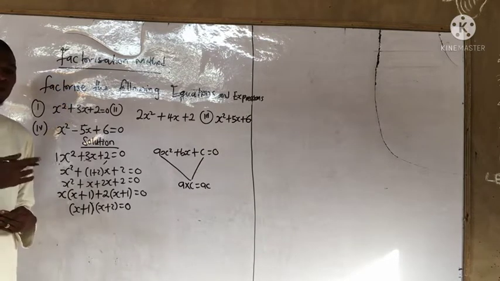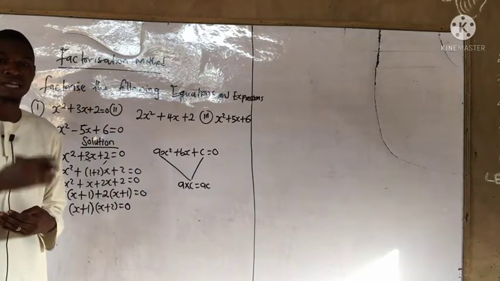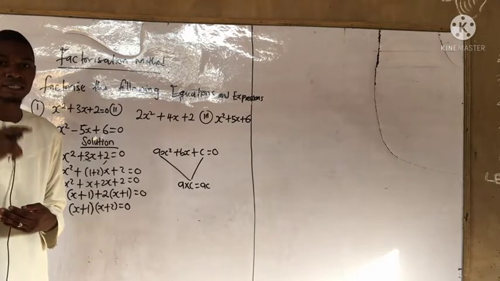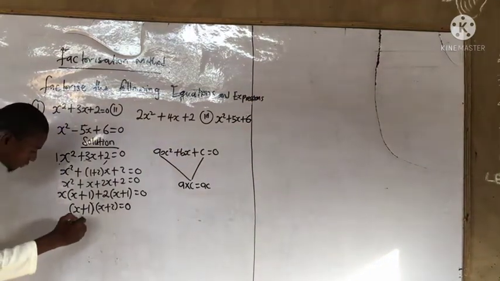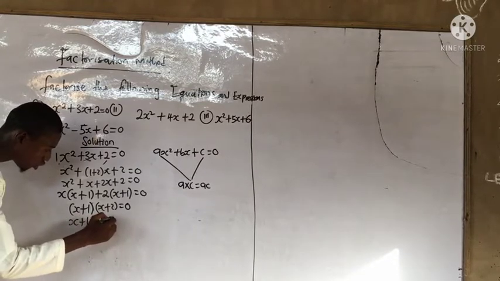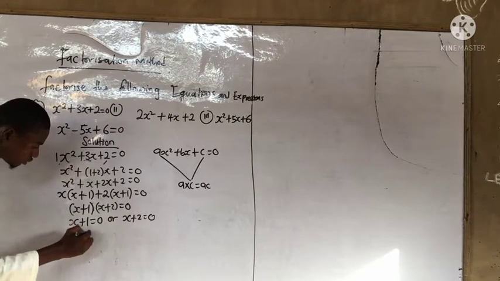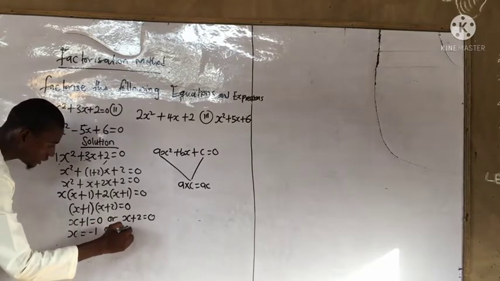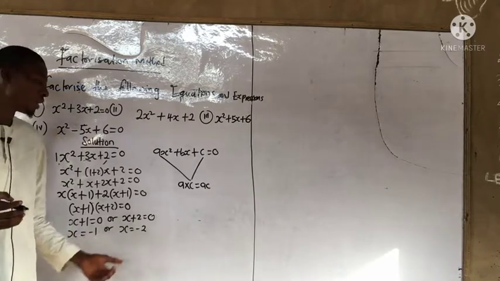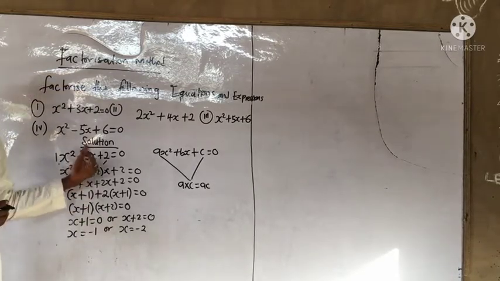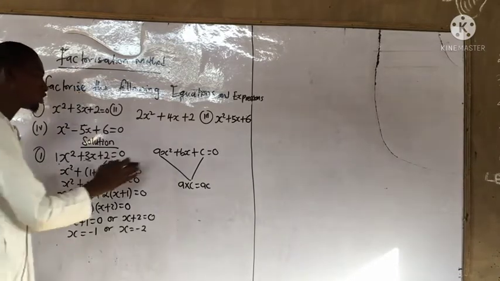There is no number we can multiply together that will give 0, except if one of the numbers is equal to 0. So that is why you can now say that x plus 1 is equal to 0, or x plus 2 is equal to 0. So x is equal to minus 1, or x is equal to minus 2. By implication, minus 1 and minus 2 are the values of this equation. So that is the solution to the first question.